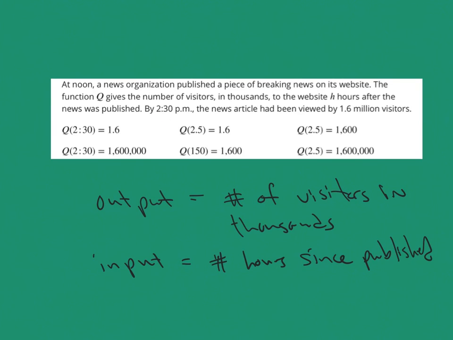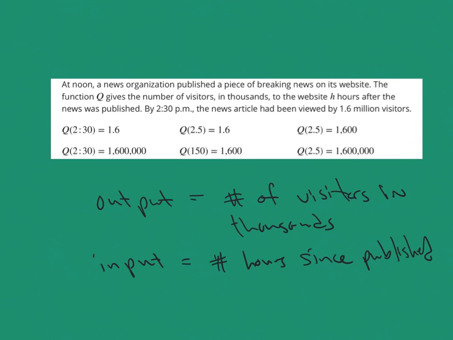By 2:30, the news article had been viewed by 1.6 million visitors. So which of these represents that scenario? Well, first off, it's going to be by 2:30, which is 2.5 hours since noon. So I think I'm looking for Q of 2.5.